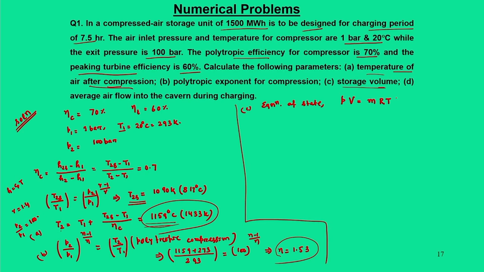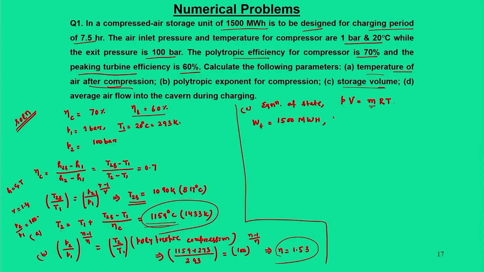In this equation we know pressure, we know temperature, we do not know mass, and we also do not know volume. To calculate this mass, we have to look into the requirement for the turbine. So, we say turbine mode efficiency is 60%, and WT is equal to 1500 megawatt hour.